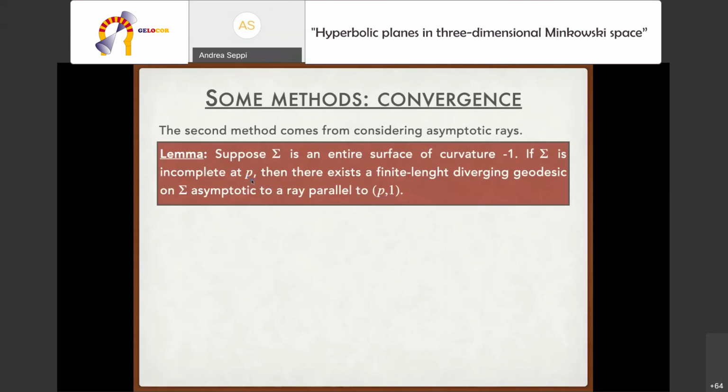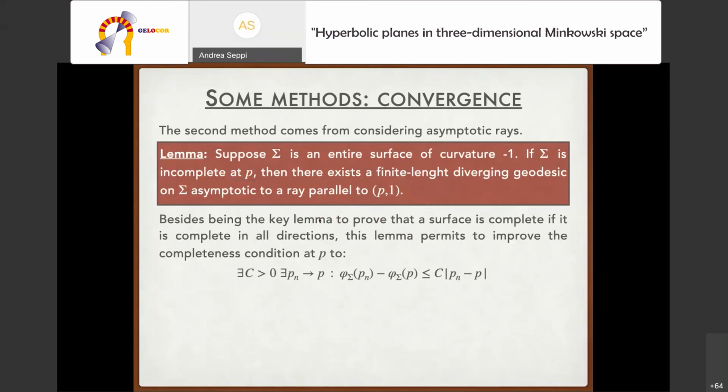So if it's incomplete in the direction P, then the light-like ray is parallel to P1. So it's directed by this point P. So whenever you have incompleteness of the induced metric, you have finite length geodesics which are asymptotic to a certain ray.